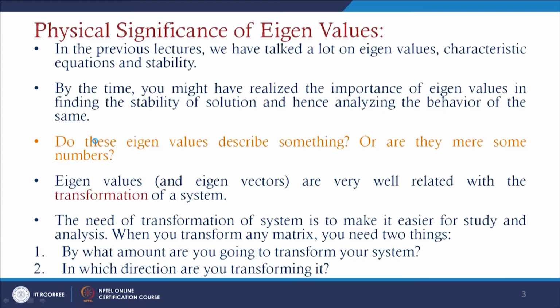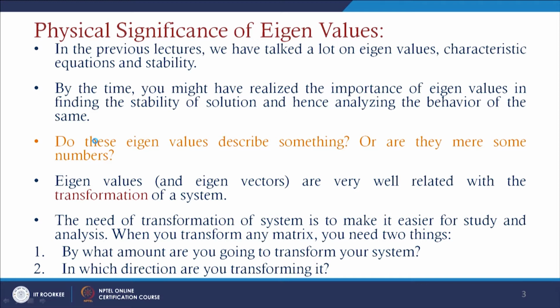Regarding the physical significance of eigenvalues, as we discussed in our previous lectures, eigenvalues are used for calculating the stability condition, or the characteristic equation can be derived from the system of equations in terms of matrix notation. If the eigenvalues are calculated, they show whether the system is stable or unstable.